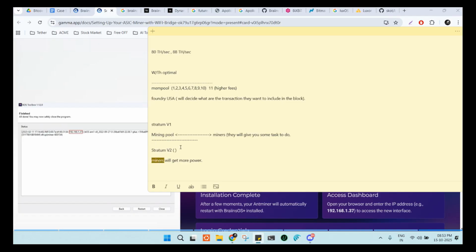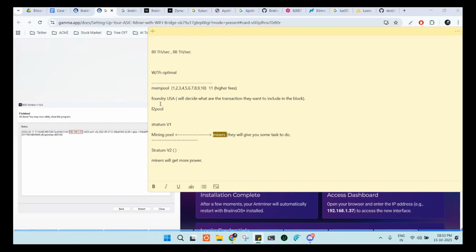And Stratum V2 is not a latest protocol right now. Stratum V2 is also very old. But the thing is, not all miners or mining pools are using it. If you see Foundry USA, F2 Pool, and all the others, they are still using Stratum V1 because they don't want to give those controls and this functionality to the miners.